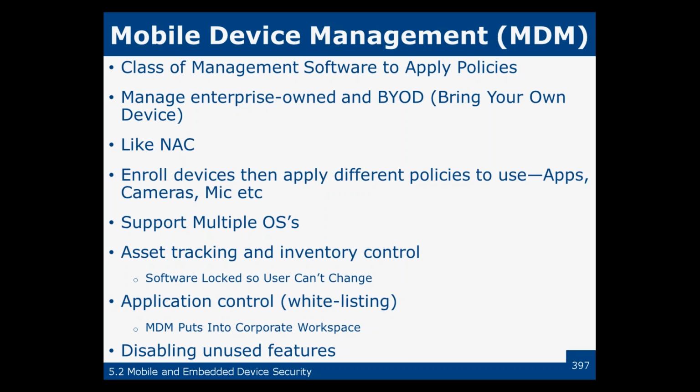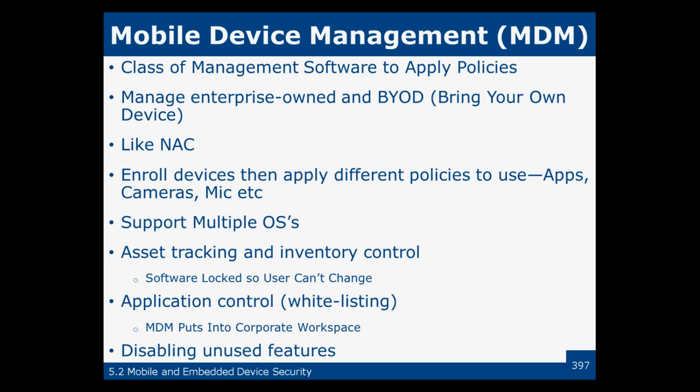The mobile device management systems have to support multiple OSs, and you're probably not going to be able to support them all, so you may get one that supports certain ones, and you let the workforce know which ones are supported.